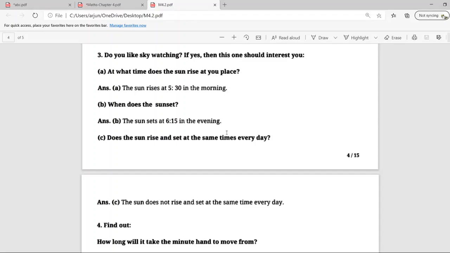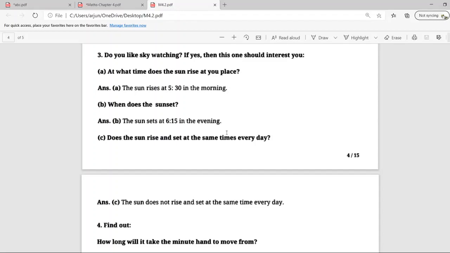Generally in the summer, the sun rises at 5:30 in the morning, so we are considering that duration and writing this time. Question 3B, when does the sun set? The answer is the sun sets at 6:15 in the evening.